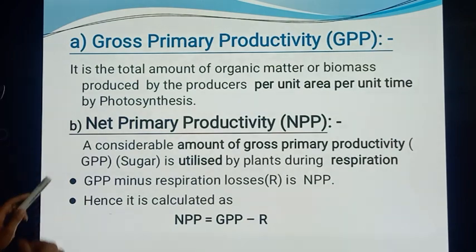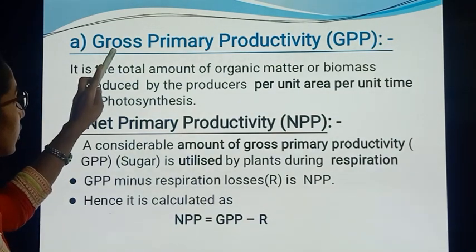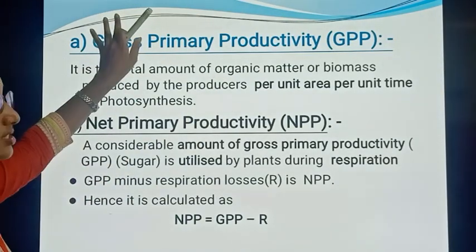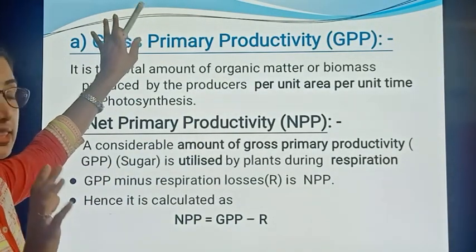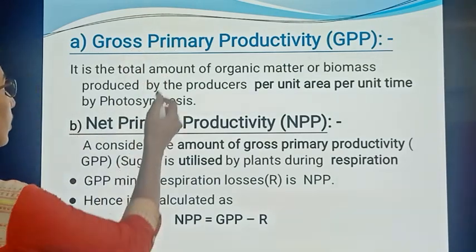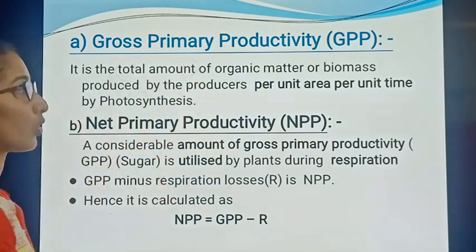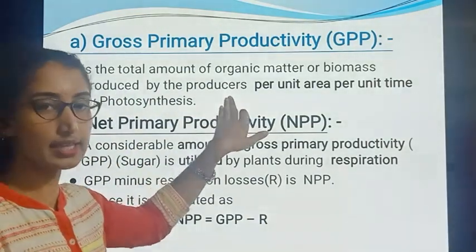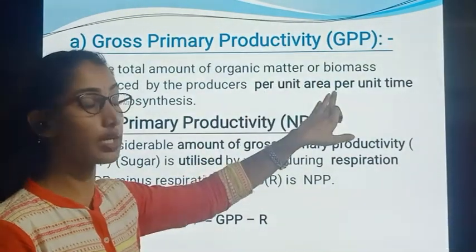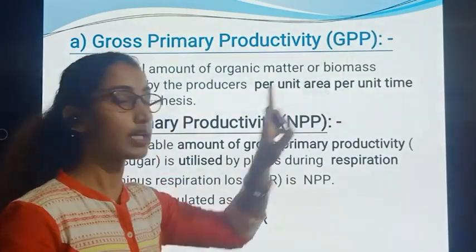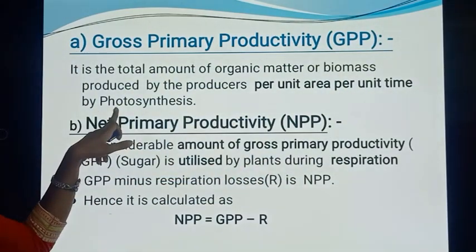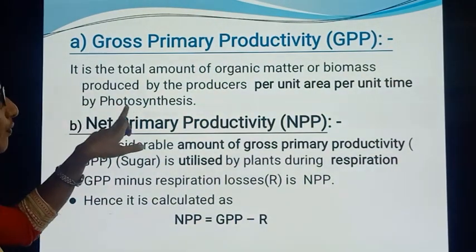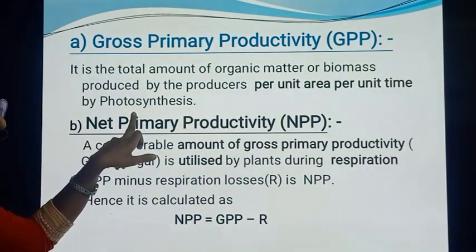The first one is gross primary productivity. Gross is nothing but the total amount of organic matter produced by the producers per unit area, per unit time. We call it gross primary productivity by photosynthesis.